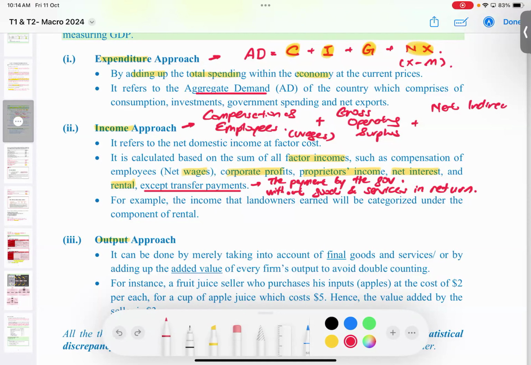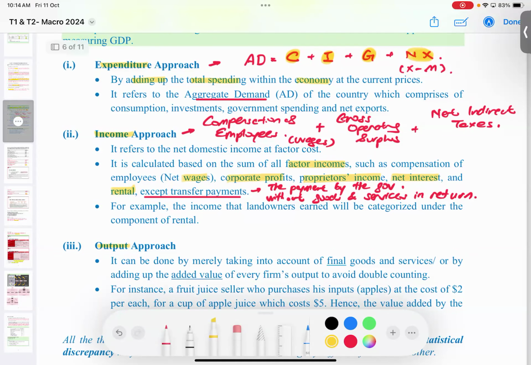You always use this formula if they ask you to calculate the income approach. So you remember this formula, three things: compensation of employees plus gross operating surplus plus net indirect tax.